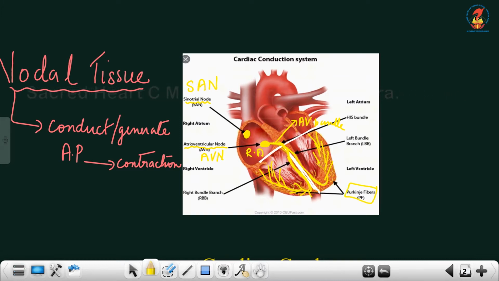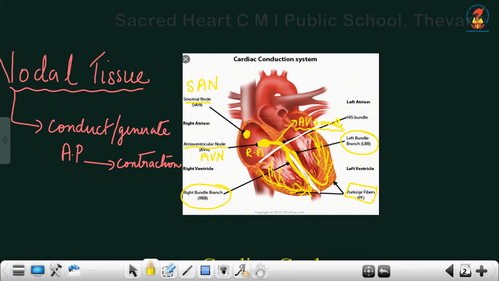So once again, arising from the AV node, there are nodal fibers called the AV bundle, and the AV bundle cuts through which septum? It cuts through the atrioventricular septum, and above the interventricular septum, it divides into two branches called the left bundle branch and the right bundle branch.